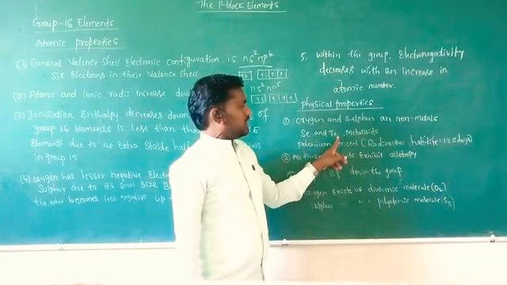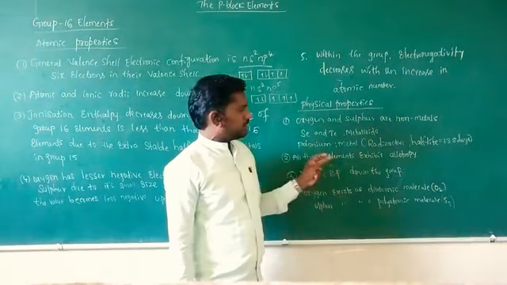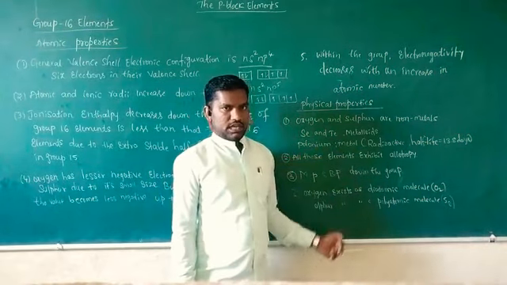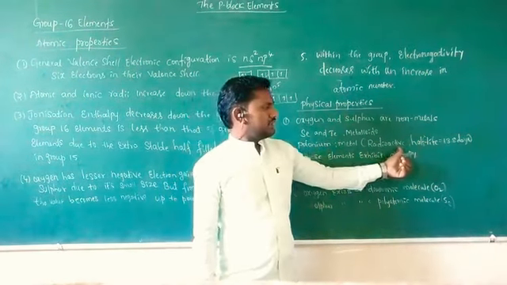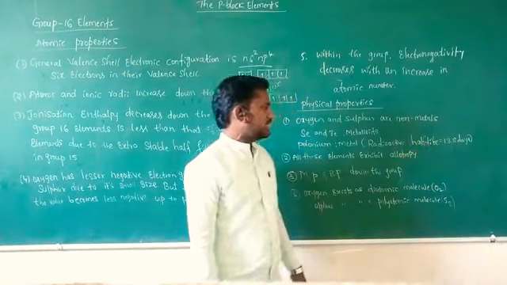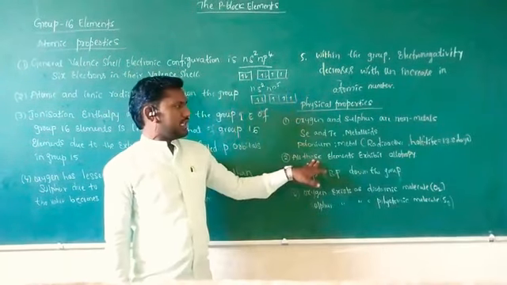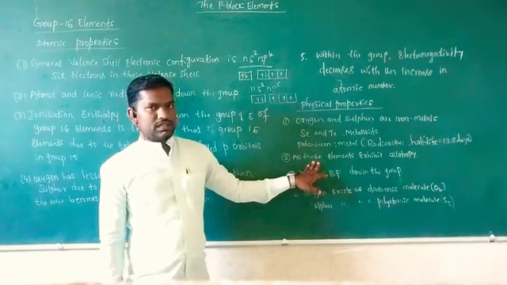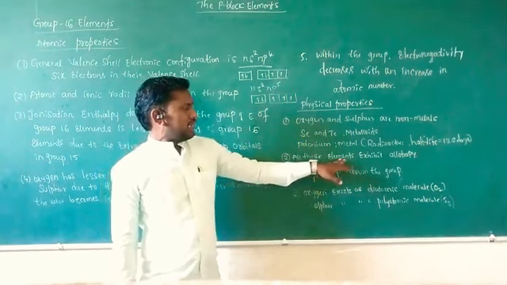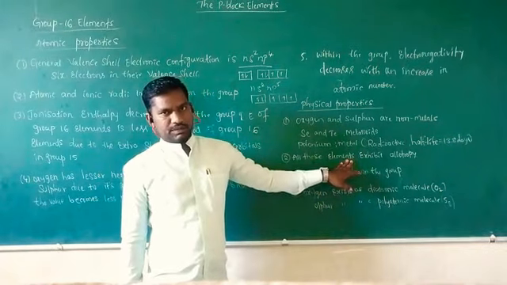Selenium and tellurium are metalloids, and polonium is the only metal. It is also radioactive in nature, with a half-life of 13.8 days. All these elements, oxygen, sulfur, selenium, tellurium, and polonium, exhibit allotropy.